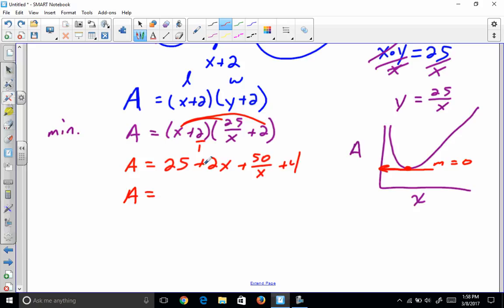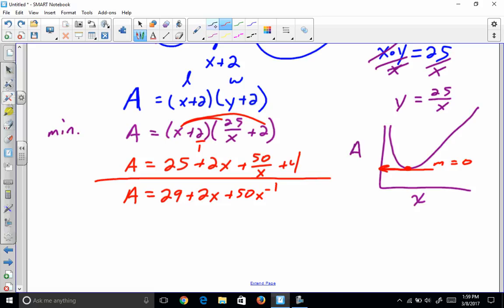So our area is 25 plus 4 more, so 29, plus 2x. And so that we don't have to use the quotient rule, let's call this 50 times x to the negative 1. So that relates x to A.